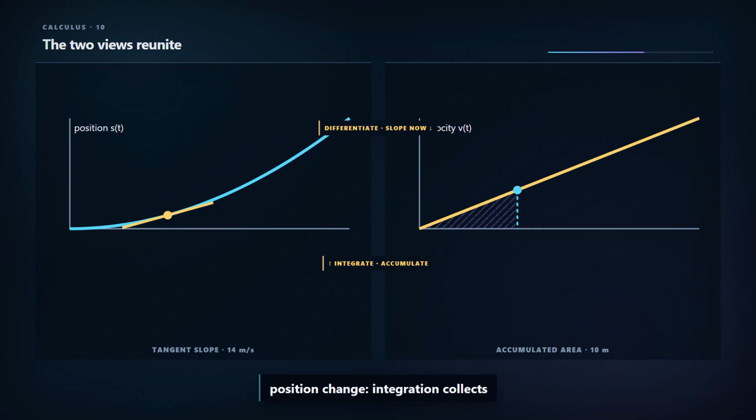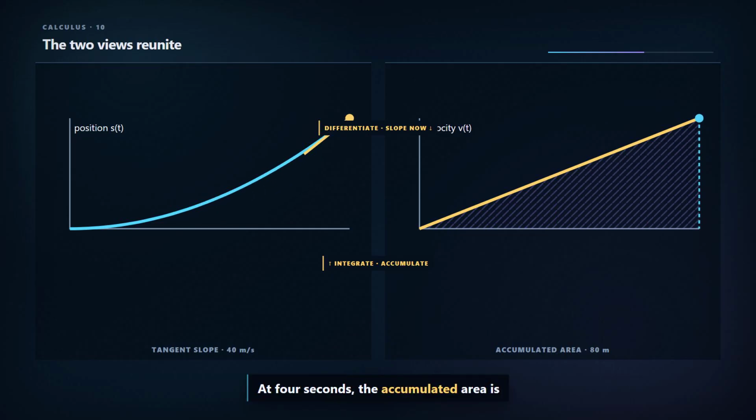Integration collects change altogether. At 2 seconds, the position slope is 20 meters per second, while the area under velocity from 0 to 2 is 20 meters, matching the position change. At 4 seconds, the accumulated area is 80 meters, matching the fall.